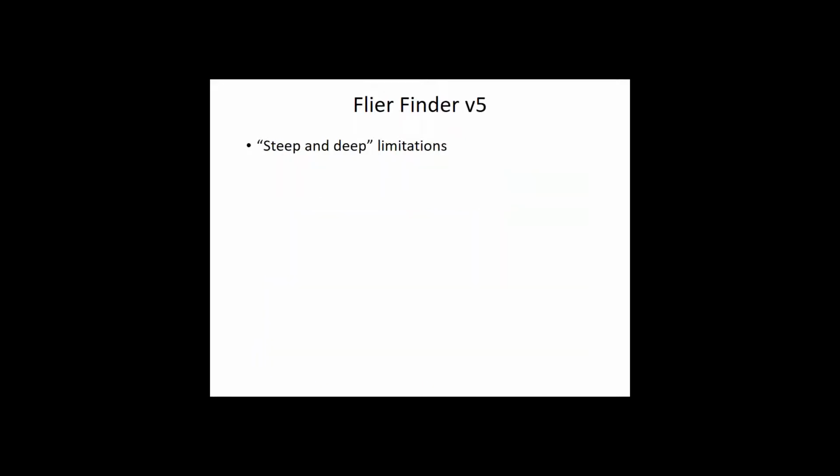Okay, as with the previous versions of Flyer Finder, there's still a limitation when used in real steep and deep bathymetry. Flyer Finder has always worked best on high resolution grids in the East Coast or Gulf of Mexico. It can at times give excessive false positives that may actually prohibit its use.